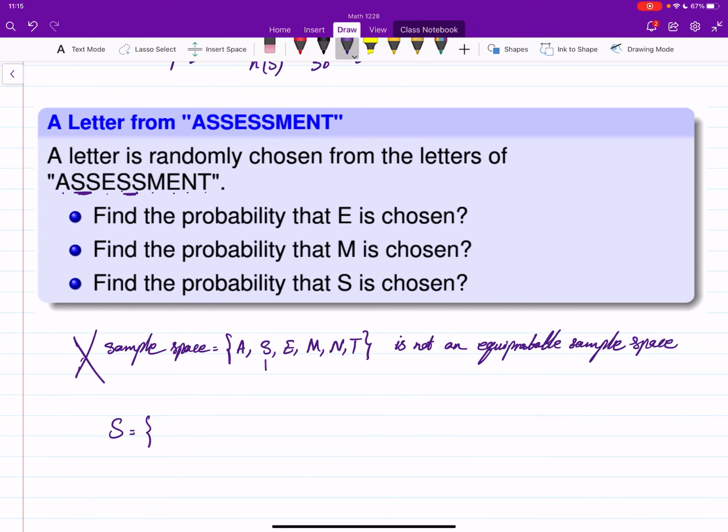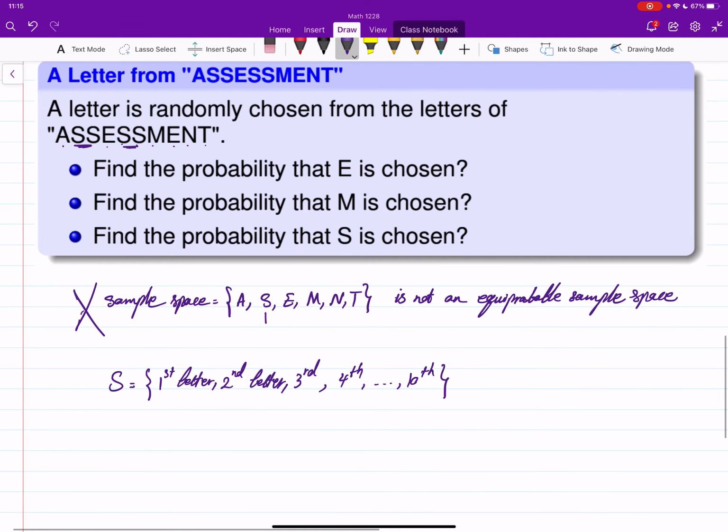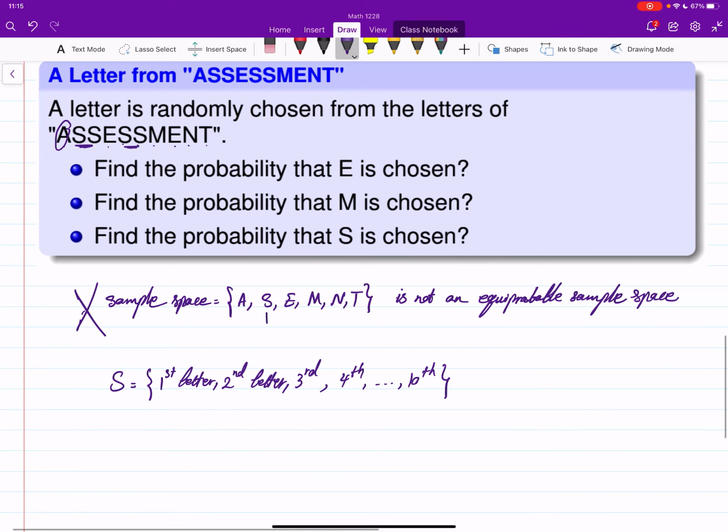So I either choose the first letter or second letter, third one or fourth one, and this will go up to the 10th one. If we do that, then the chance that the first one is chosen, I don't know what that letter is, it doesn't matter now. Each one is going to have the same probability. So this is an equiprobable sample space.